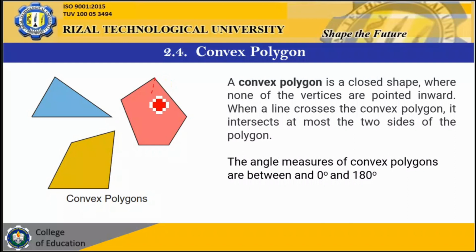Just like this one, if we draw a line segment from this point up to this point, and from this point up to this point, that's what we call a convex polygon. And the angle measures of convex polygons are between 0 degrees and 180 degrees.